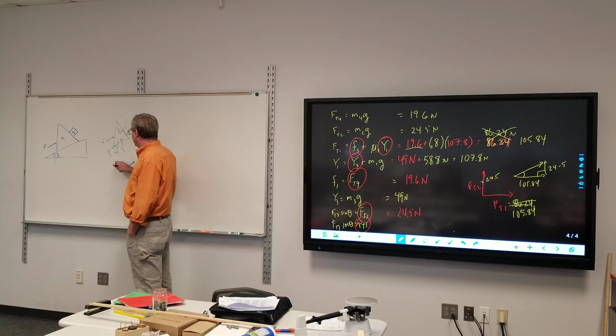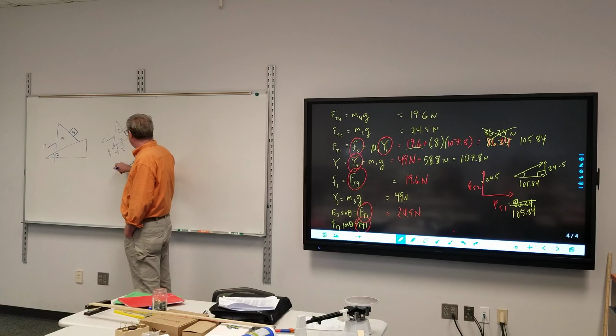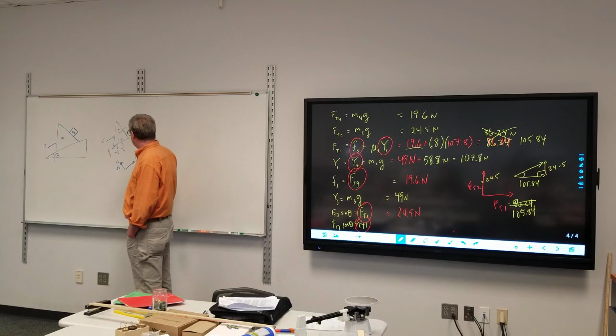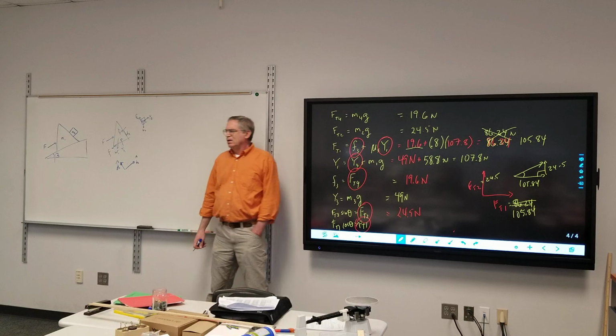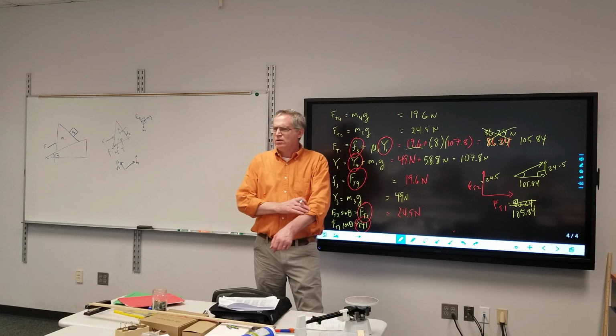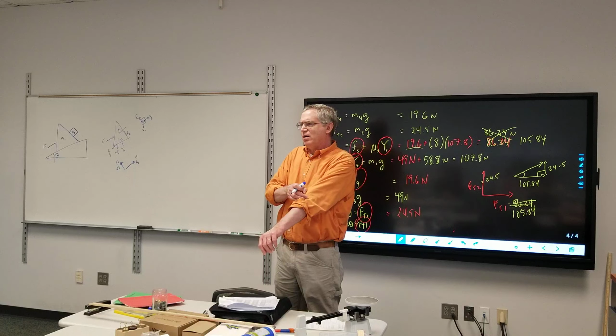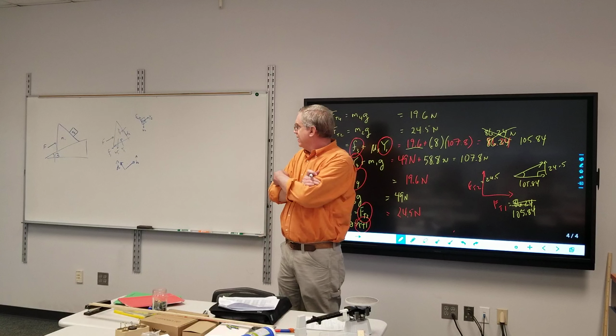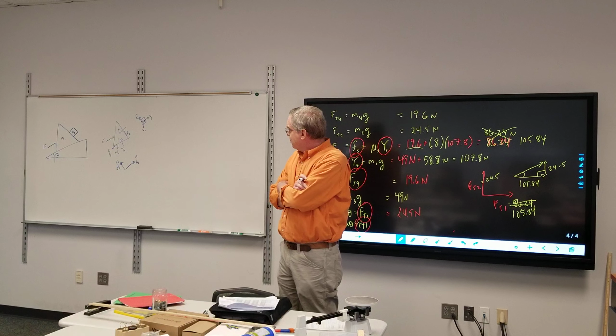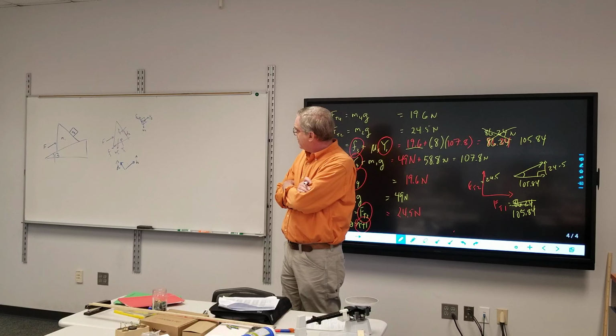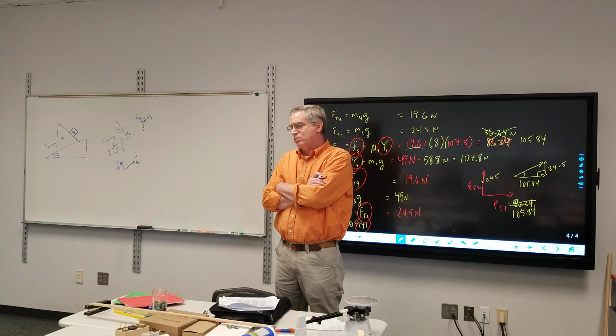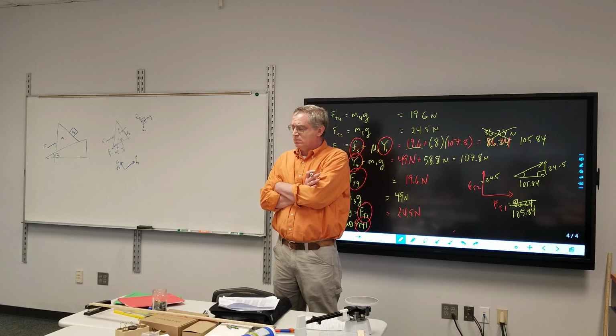assuming up the ramp and away from the ramp. I1 hat and J1 hat. The question is for mass 2. How do you want to break that up? Well, most of the ones that I graded did in the direction of Y2 and F2, so they only have to break the weight up.